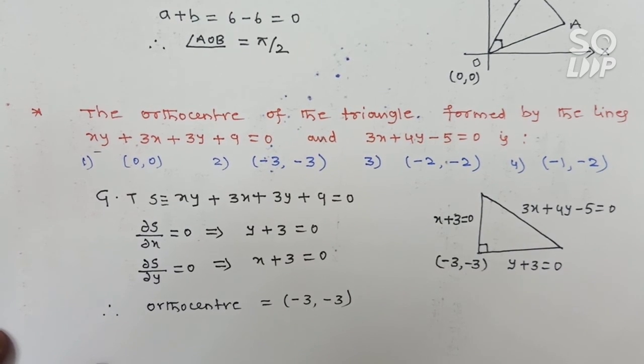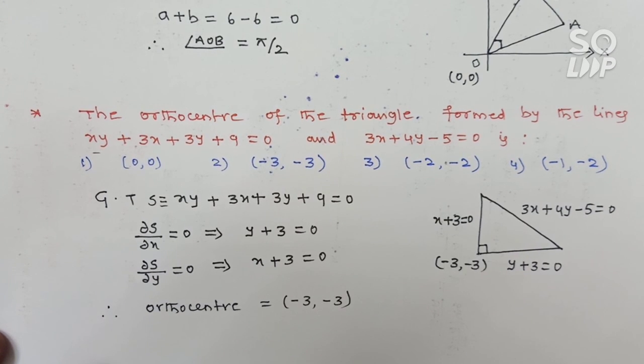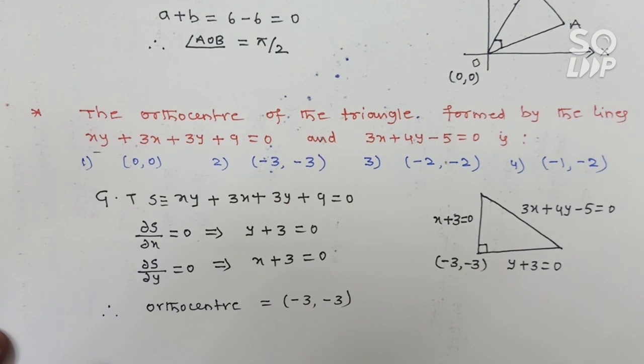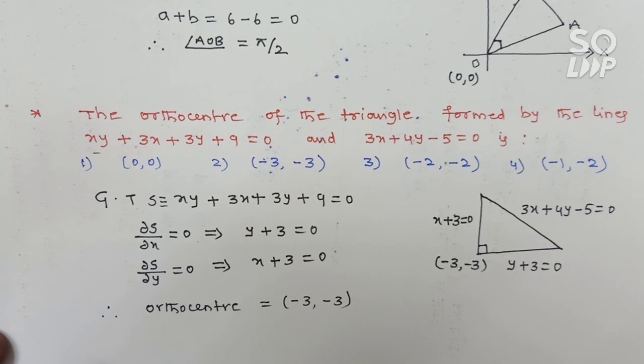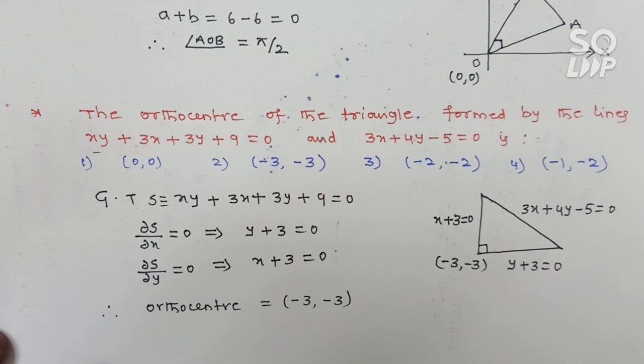The next one is how to find the orthocenter when three sides of a triangle are given. When a triangle is a right angle, what will be the orthocenter? The right angle vertex. Suppose it is not a right angle triangle, I told you how to find the orthocenter by using the principles of the orthocenter concept.